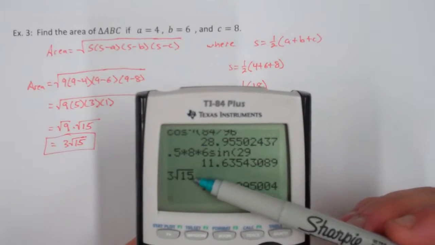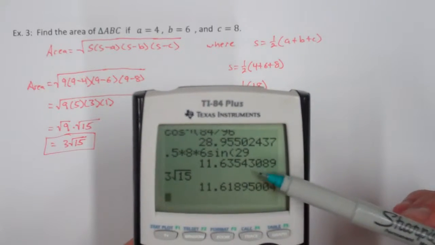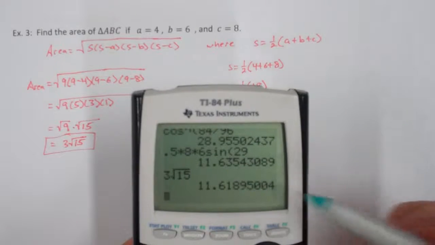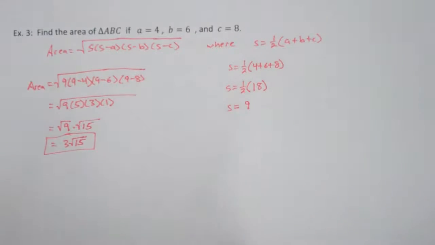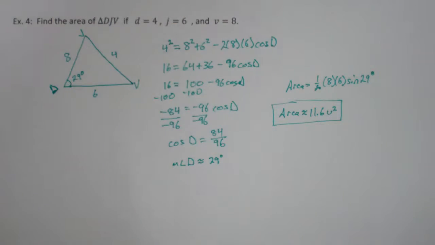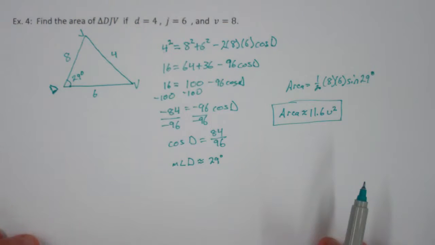If we use Hero's formula, we can provide the exact value and get a little bit more precision. But you can see here that using the other area formula, we can get pretty darn close as well. So there you have it. Examples 3 and 4, either way you cut it, about 11.6 units squared.